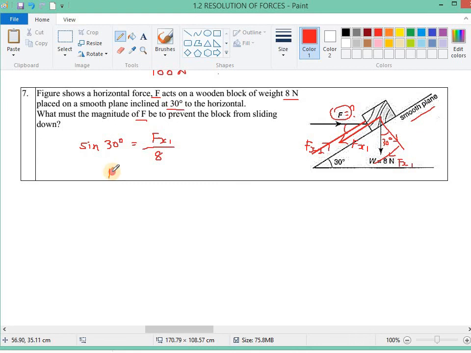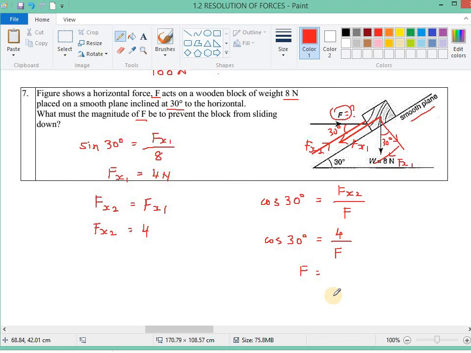So Fx1 equals 4. So the force F will be 4.62 Newton.